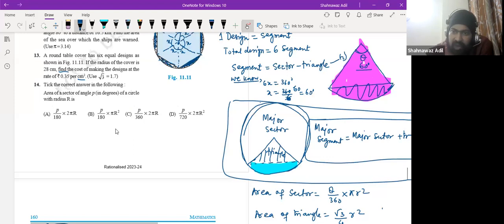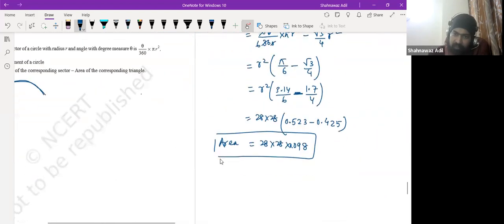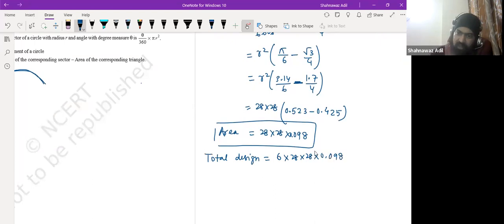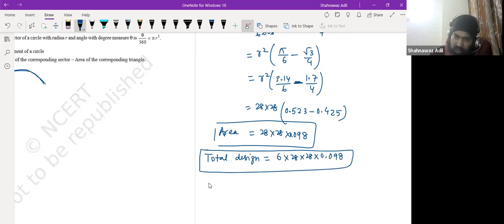We have found one segment, so total design is 6 into 28 into 28 into 0.098. Right, so this would be whatever this value is, in centimeter square.